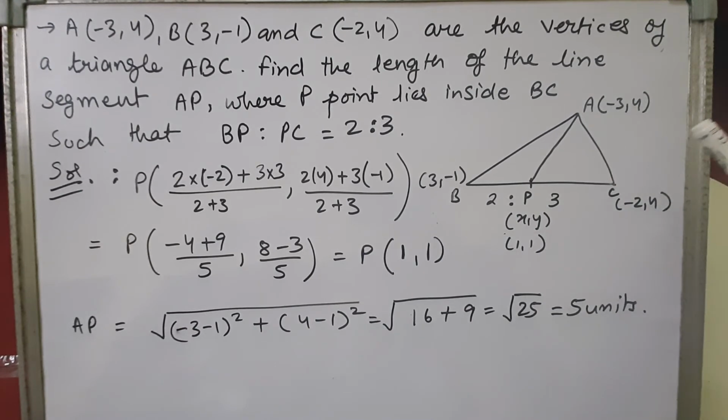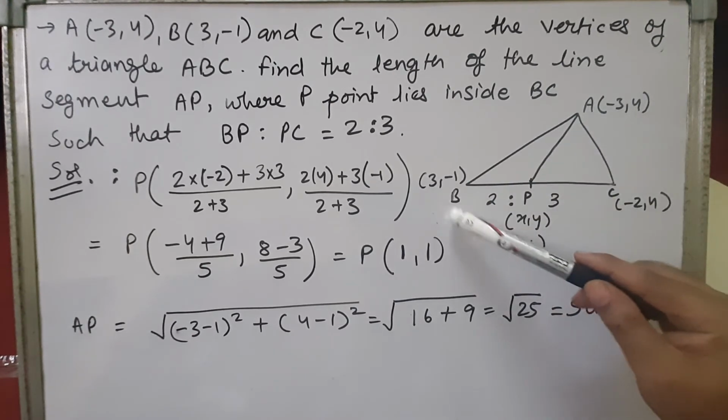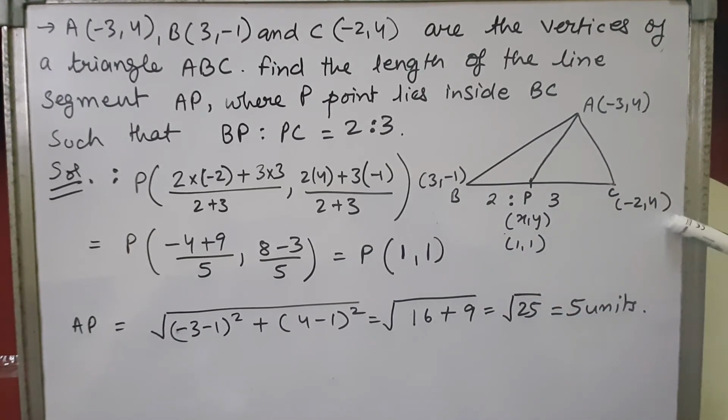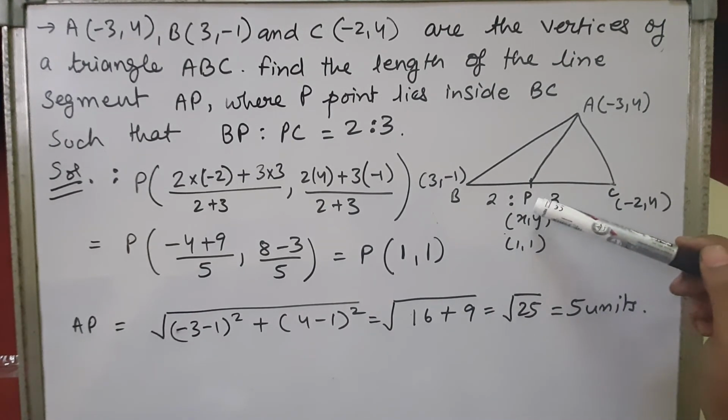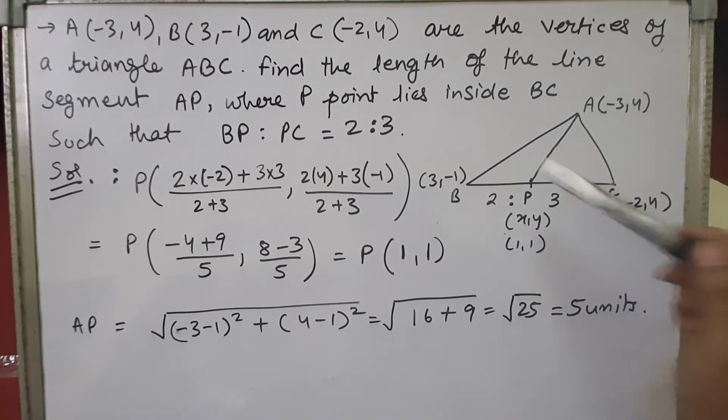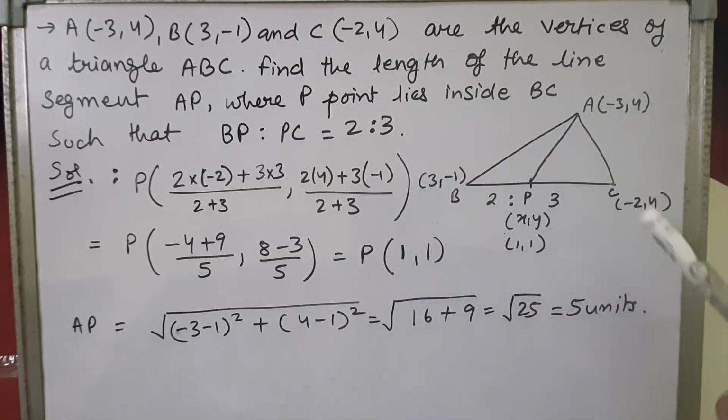Let's represent the information on the diagram here. There is a triangle ABC, A (-3, 4), B (3, -1) and C (-2, 4). P lies on BC and P divides BC in the ratio 2:3. BP is to PC is 2:3.